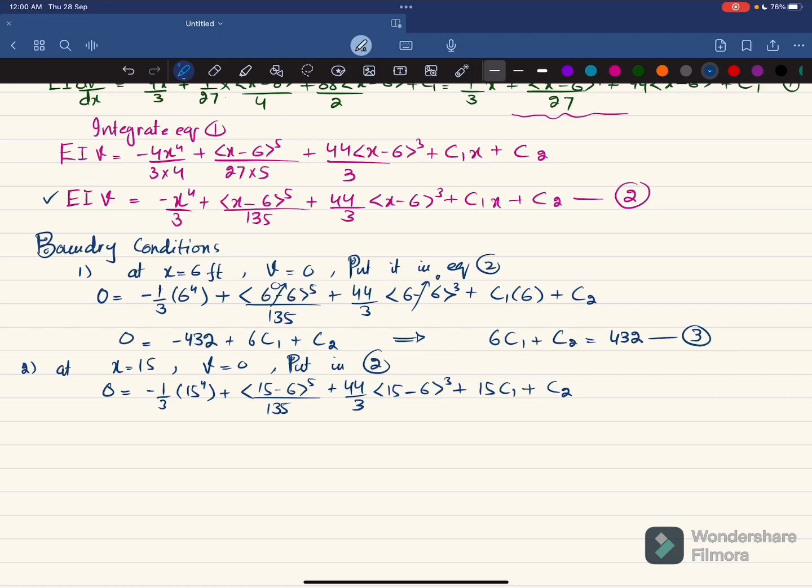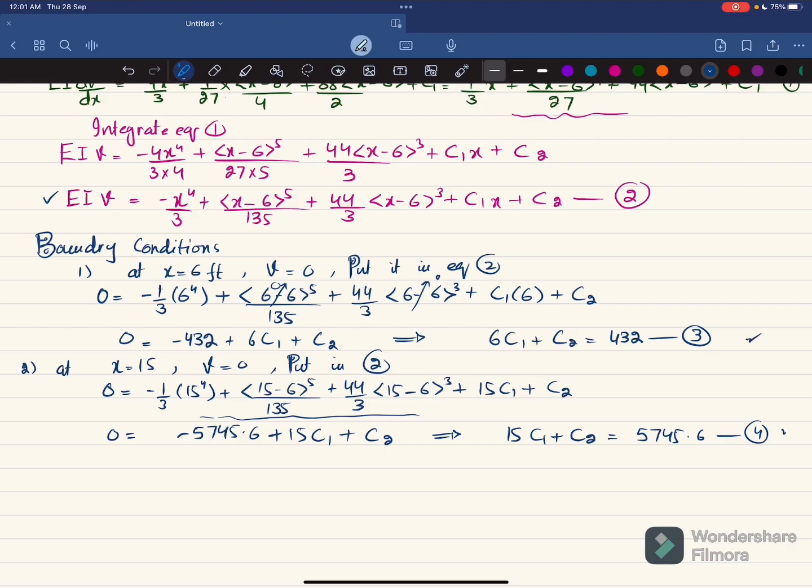So again you will get this is equal to 0. All these terms will give you, when you calculate it, minus 5745.6 plus 15 C1 plus C2 is equal to 0. So from here you will get 15 C1 plus C2 is equal to 5745.6. Let this is equation number 4.